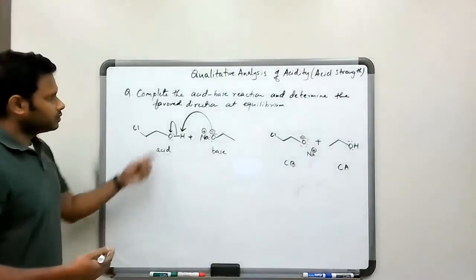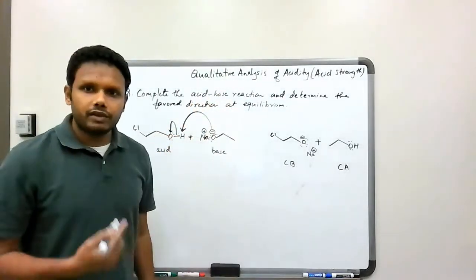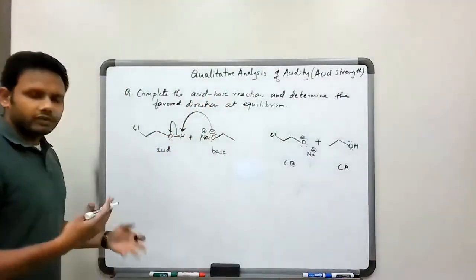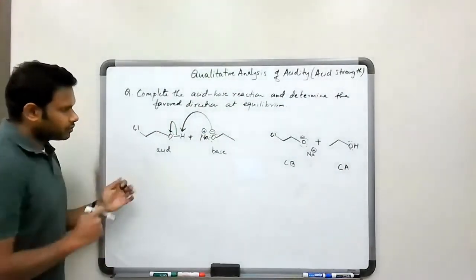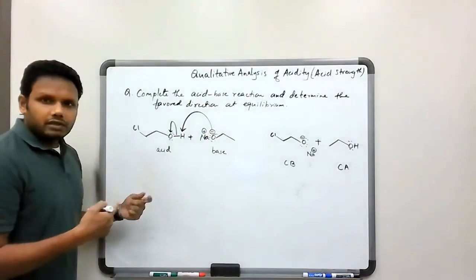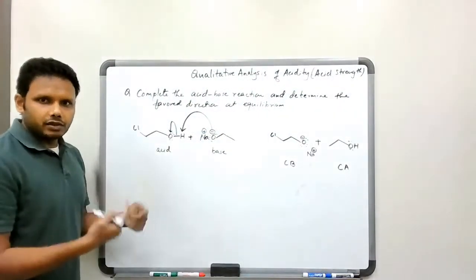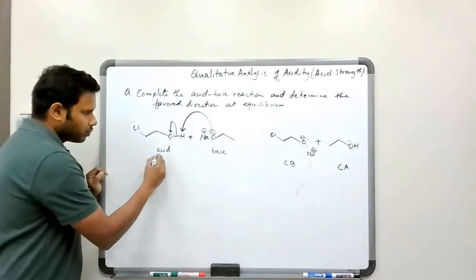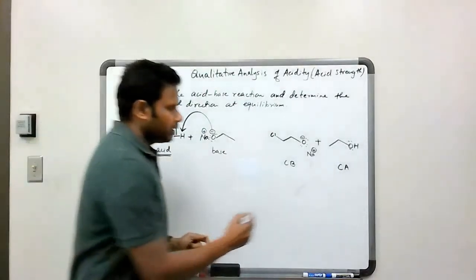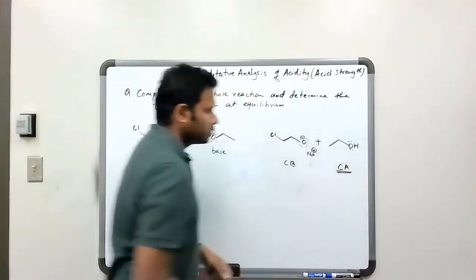The next thing we have to do is, again, determine the favored position at equilibrium, or favored direction at equilibrium. Okay, so for that, again, what we have to do is evaluate the acidity or the strengths of the 2 acids. And we have 2 acids here. One is the acid itself, and the other one is the conjugate acid.